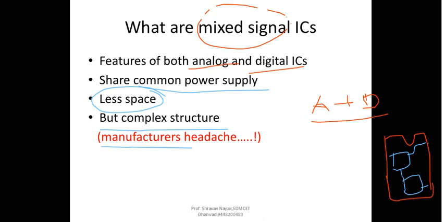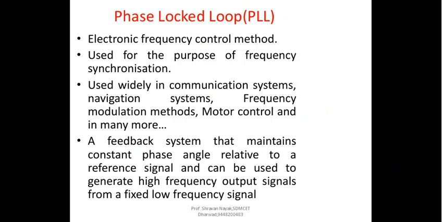So this is the background on which we will be discussing a very important IC of such kind, a mixed signal IC, that is the phase locked loop. Now, the meaning of phase locked loop is a loop which is responsible for locking to a specific phase.